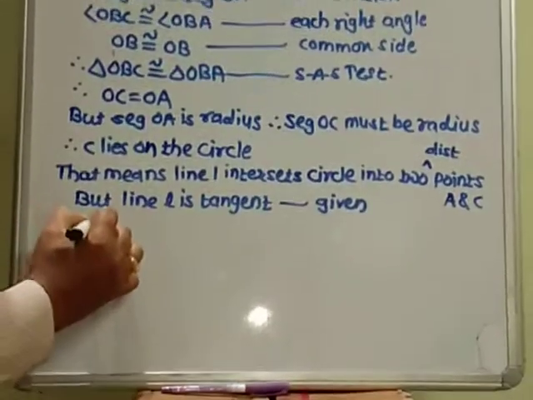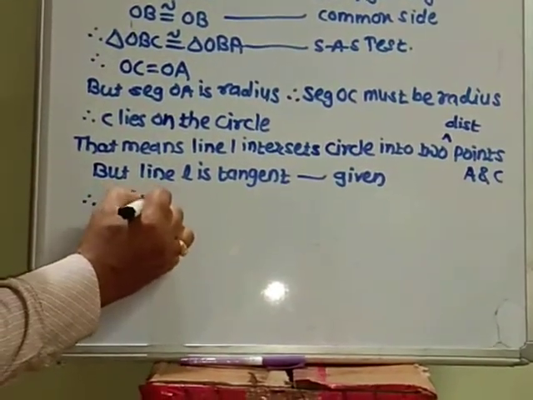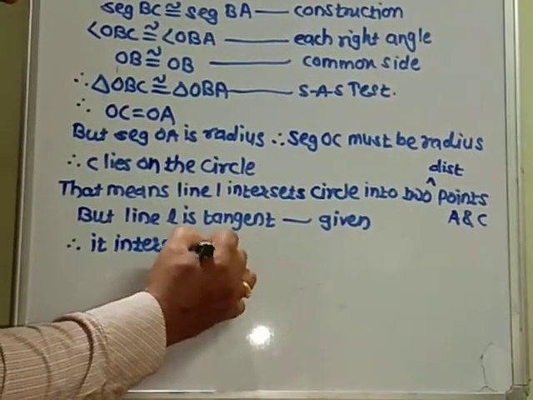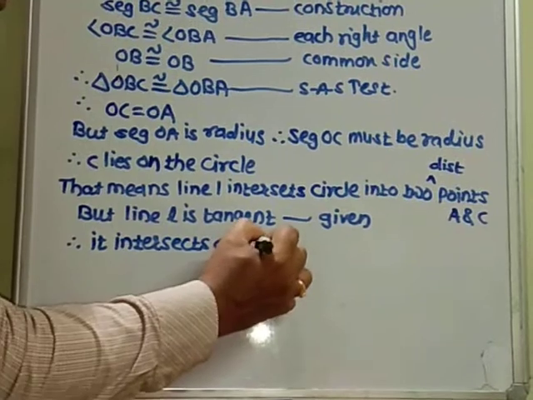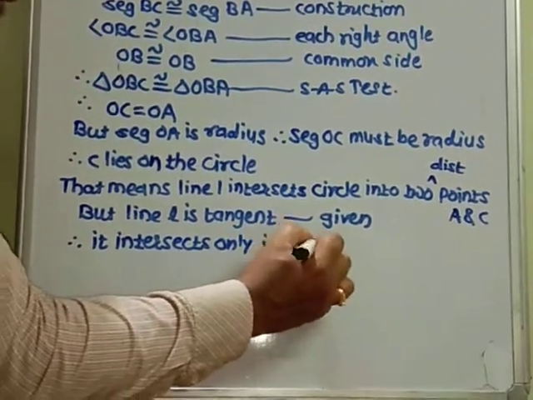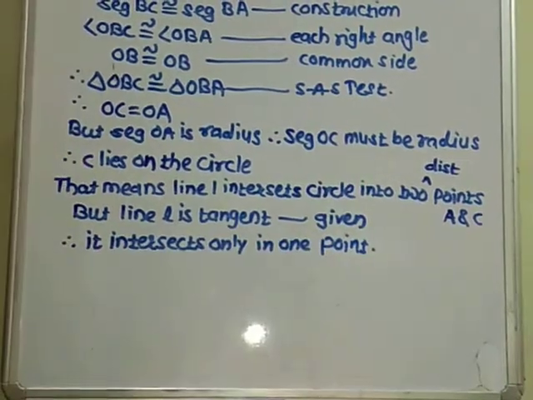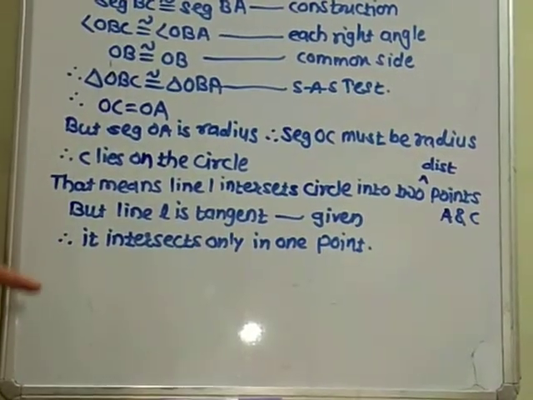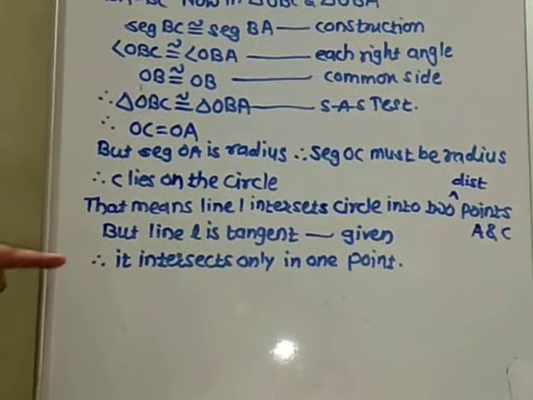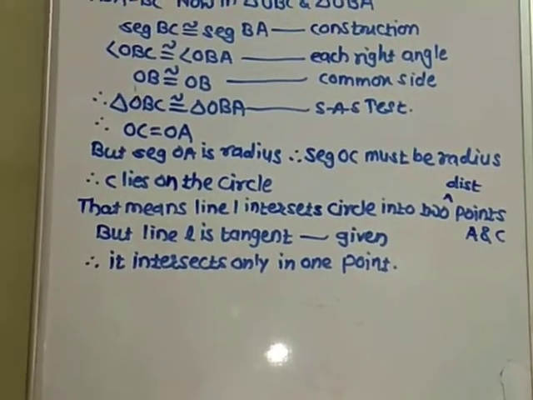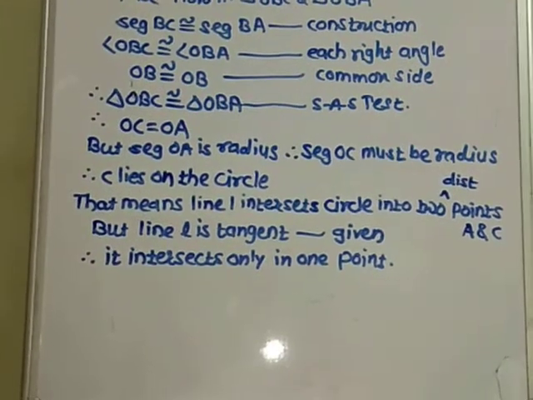In the previous lesson we saw that a tangent intersects in only one point. Therefore our assumption that line L is not perpendicular to radius OA is wrong.